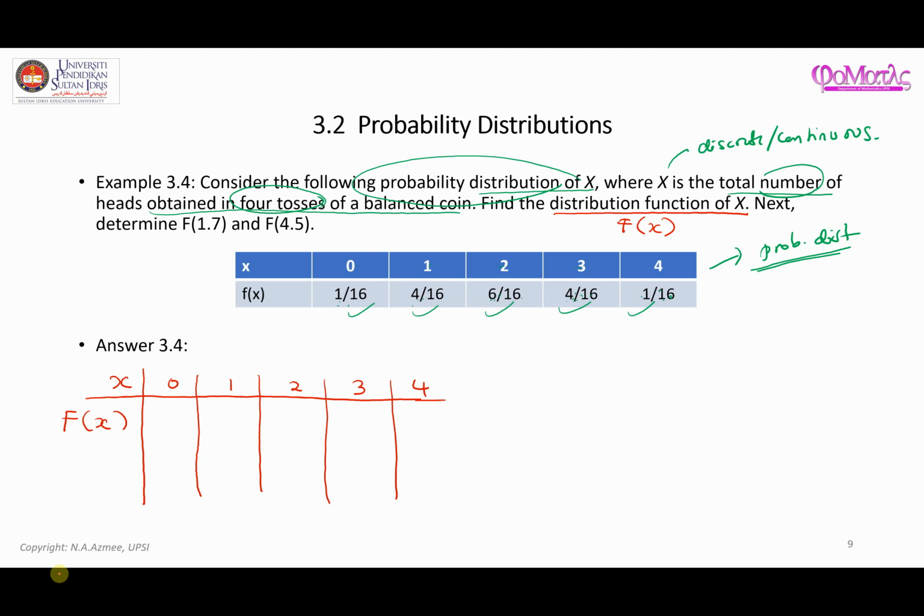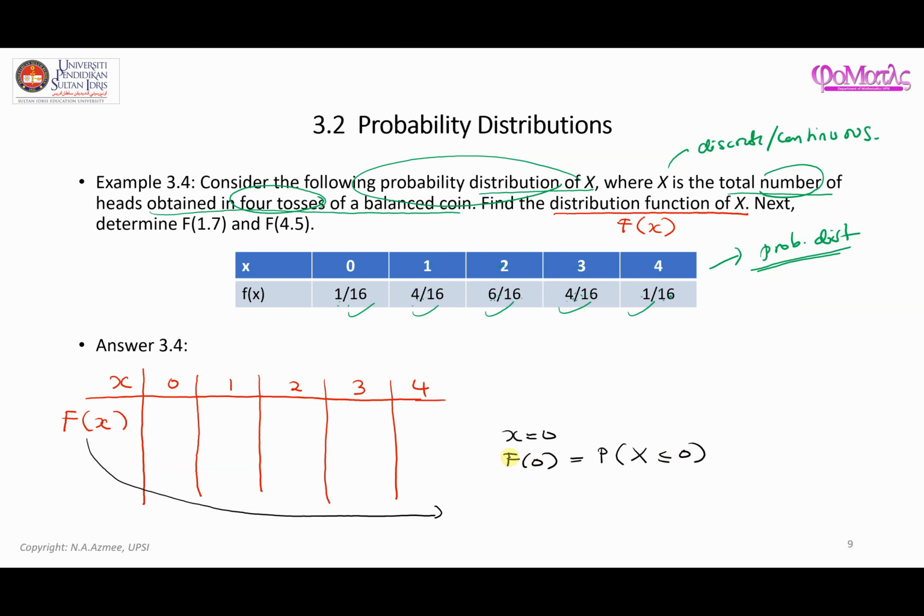All right, so what does it mean really? When x is equal to 0, we've got F0 over here, which means we are looking for probability x less than or equal to 0.